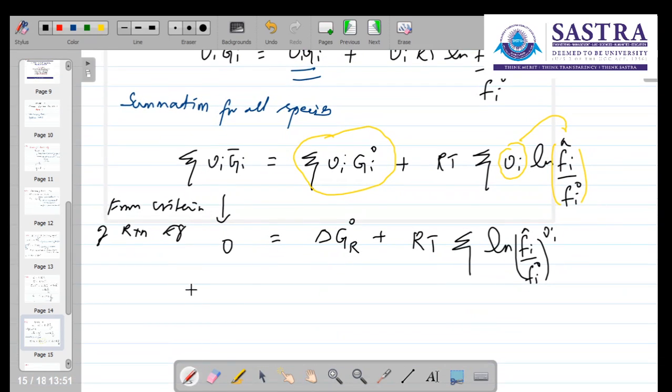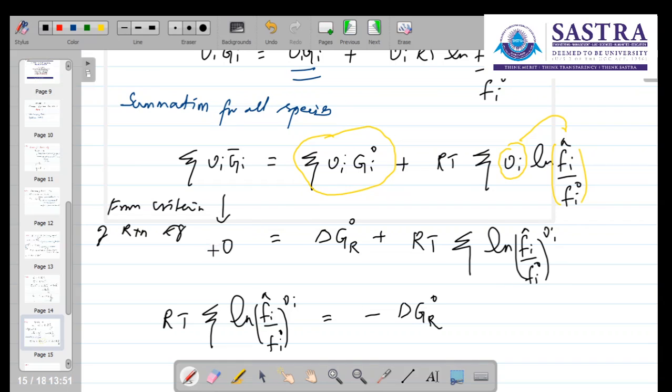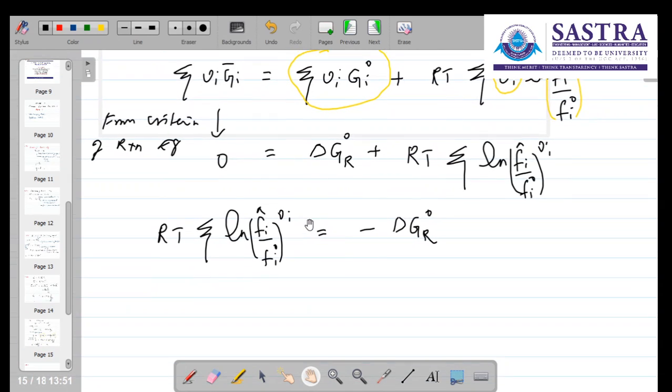Eventually that means RT sigma of ln fi cap by fi naught, the whole raised to the stoichiometric coefficient, is equal to minus delta Gr naught. So I'm just taking the Gibbs energy of reaction to the other side.